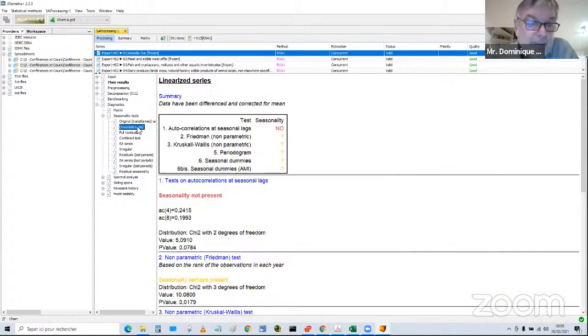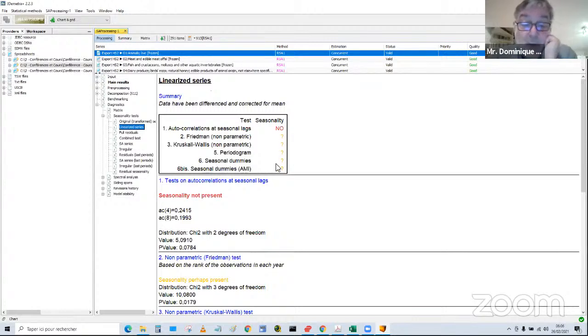So I go to the linearized series, a series without the outliers and without the trading day coefficient, if any. So I go there, and you see that for sure I have a big doubt on the seasonal component, okay? Because the first test says a clear no, when all the others are saying, oh yes, perhaps, but not sure.